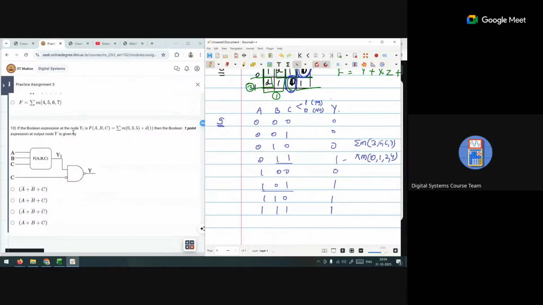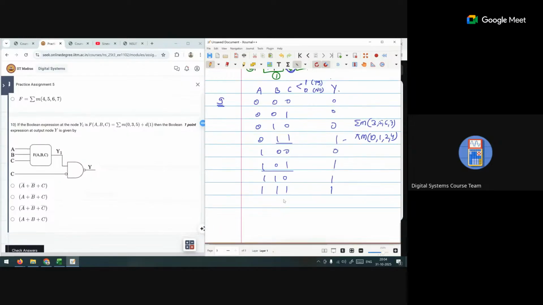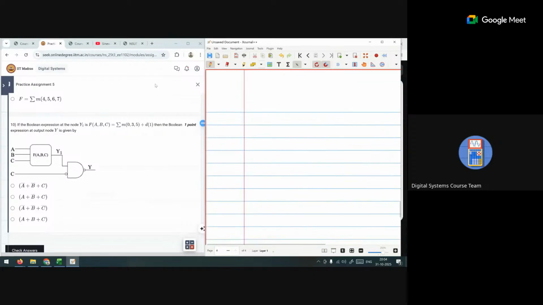If the Boolean expression at the node y1 is F(A, B, C), that is sigma m 0, then what is the Boolean expression of the output y? Okay, so question number 10. First of all, we find y1.